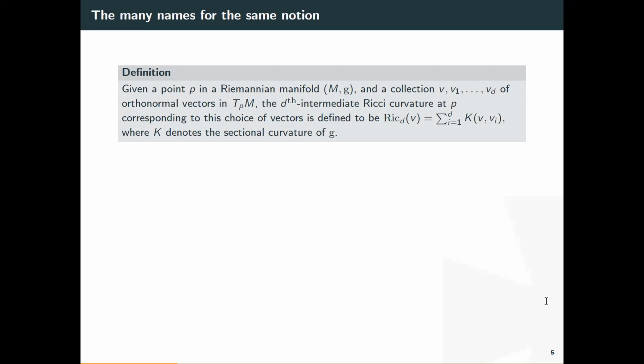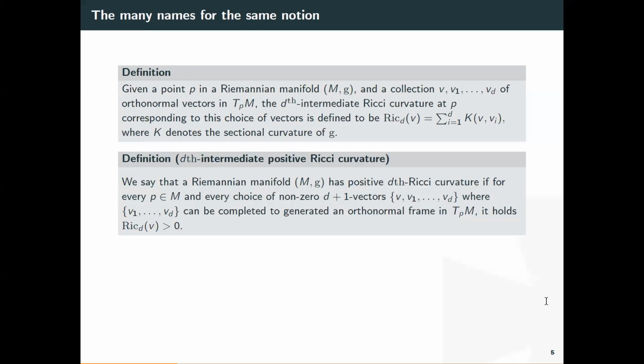So this is the expression for Ricci d, and we shall say that a manifold has positive Ricci d curvature, which I am calling intermediate positive Ricci curvature, for this fixed d that ranges from 1 to the dimension of the manifold minus 1.